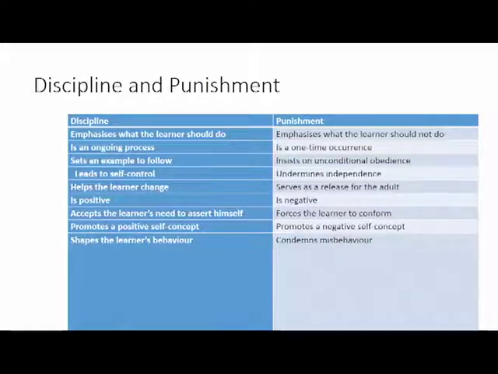Discipline helps learners to learn change, while punishment serves as a release for the adults. Discipline is positive, while punishment is negative. Discipline accepts learner's needs to assert himself, while punishment forces learner to conform.